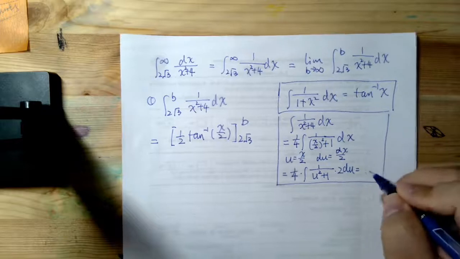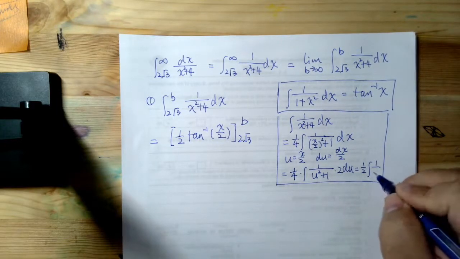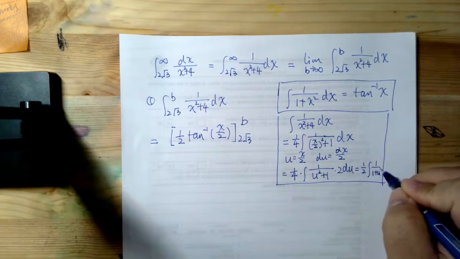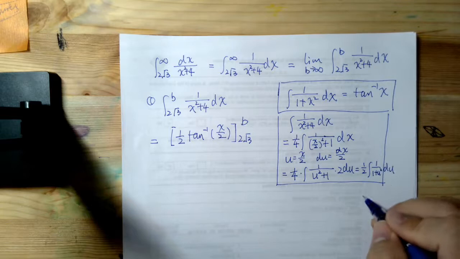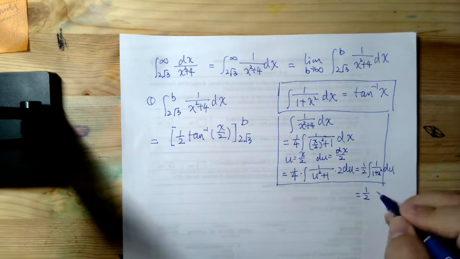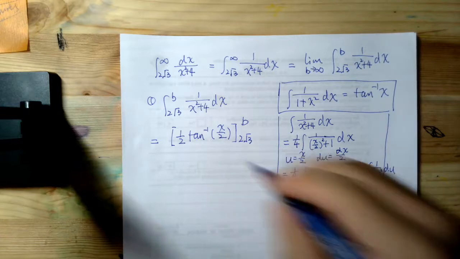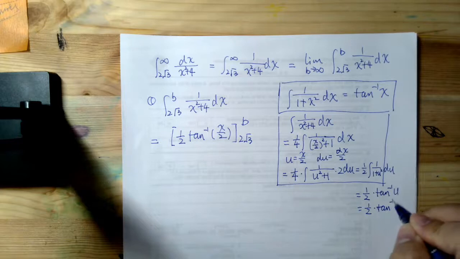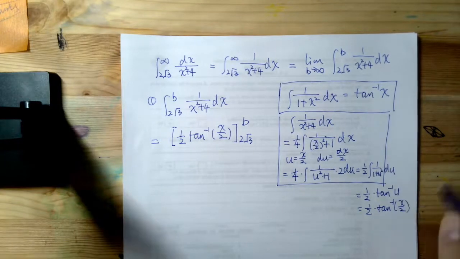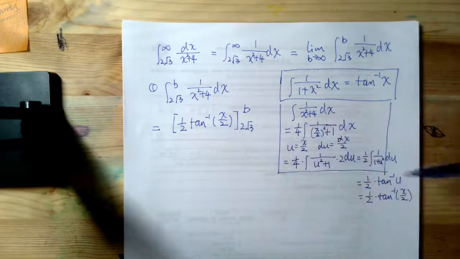Turns out this is 1 over 2 times the integral of 1 over 1 plus u squared du. And so it's 1 over 2 tan inverse of u. You replace that back, and it gives you 1 over 2 tan inverse x over 2. So this part explains where this comes from.